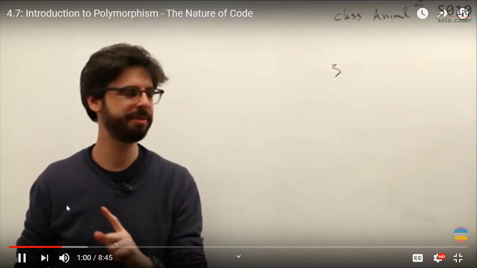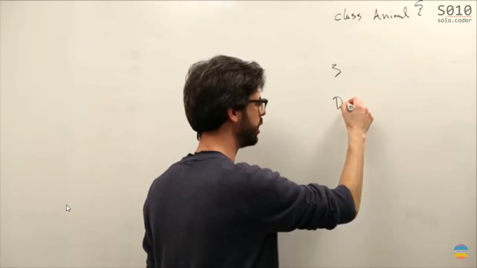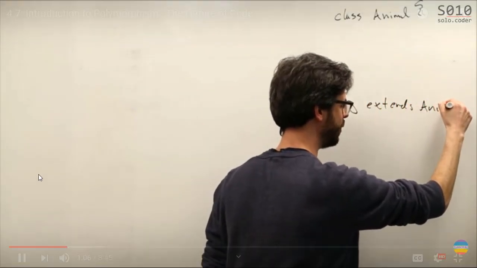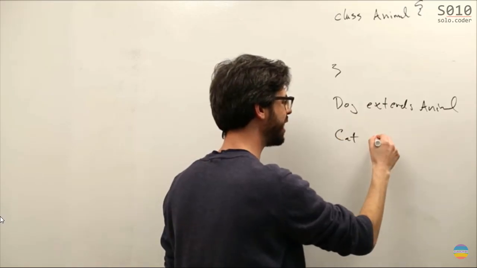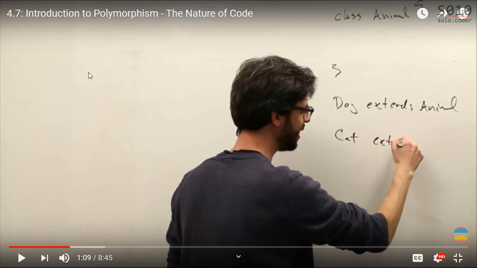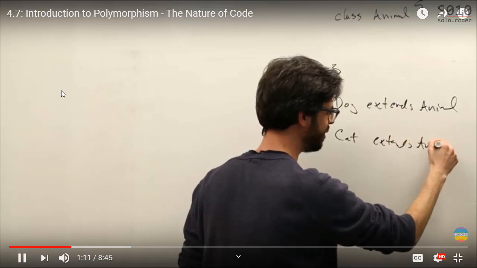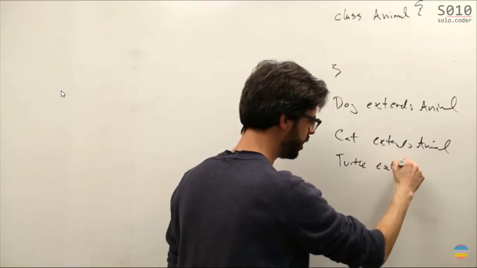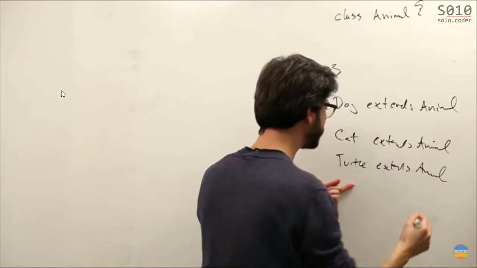And dog extends animal. And we have a class called cat. When he says extends, we should read that dog inherits from animal. And we have a class called turtle. Turtle extends animal. You can see where this is going.